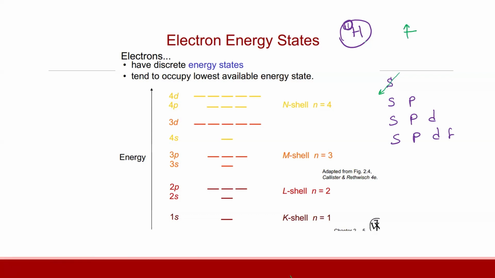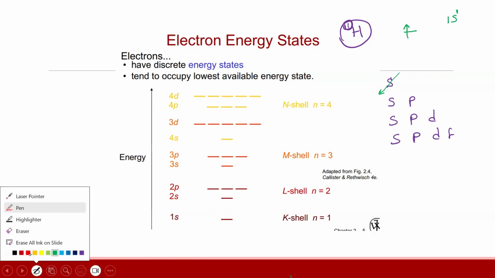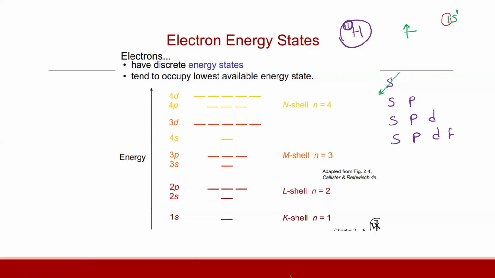So if you want to write the electron configuration for hydrogen, you say 1s1.